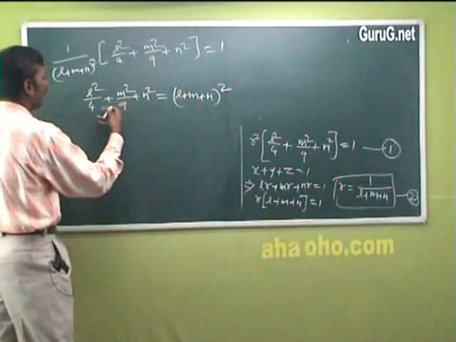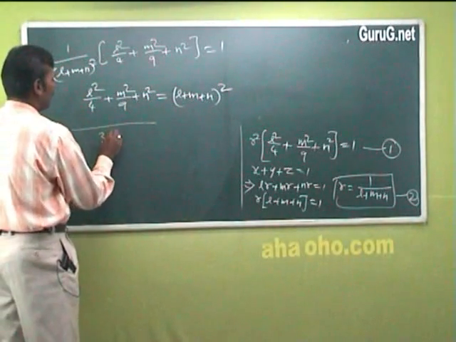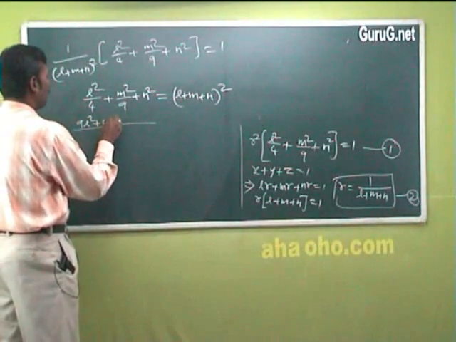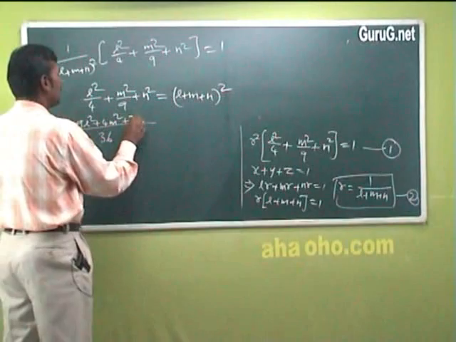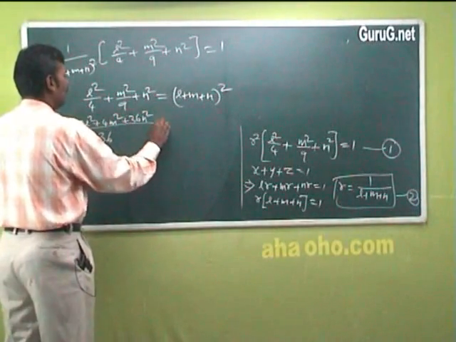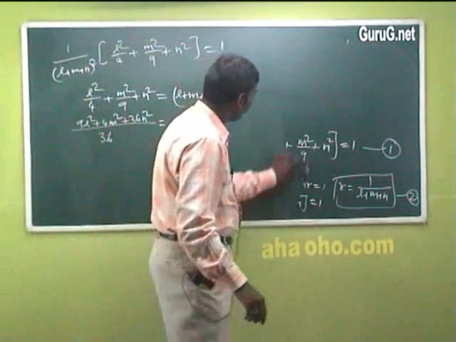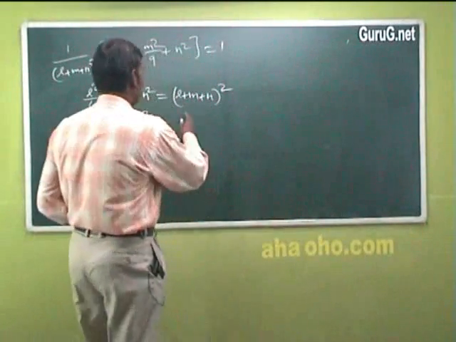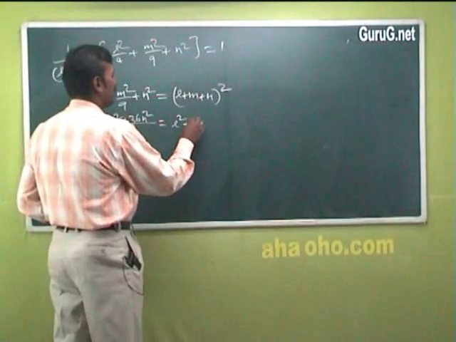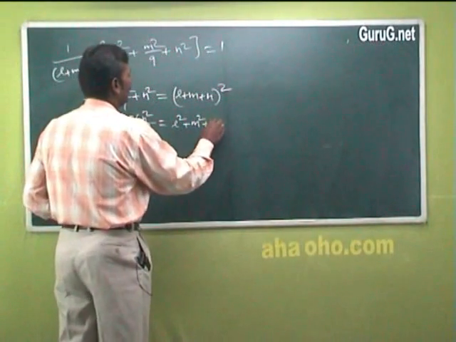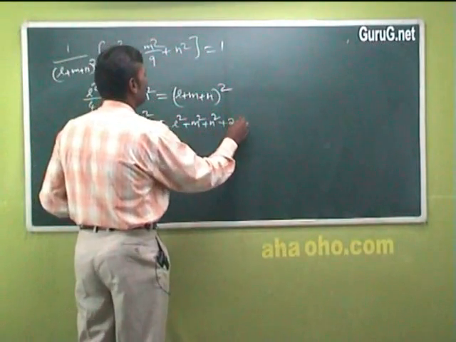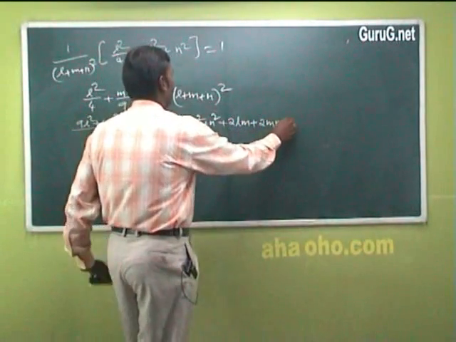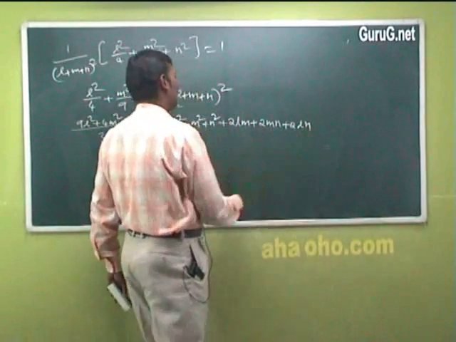We simplify, you take LCM, so 36. So 9L squared plus 4M squared plus 36N squared equals L squared plus M squared plus N squared plus 2LM plus 2MN plus 2LN, right?